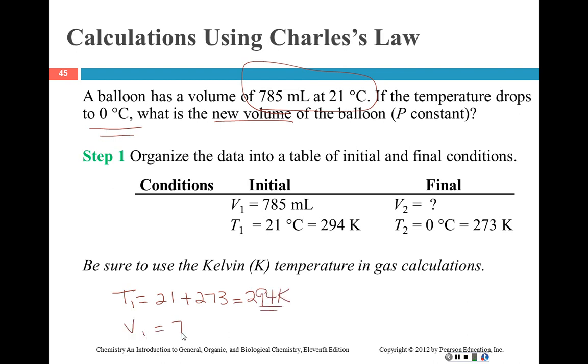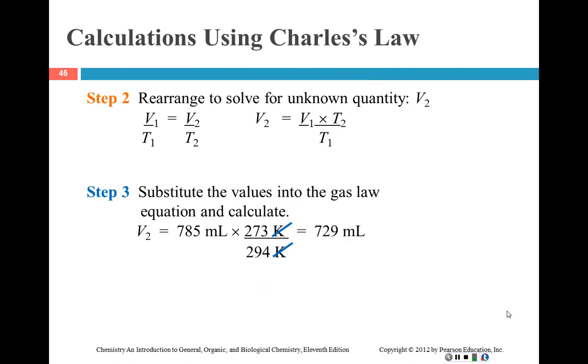V1 was 785 milliliters. We are finding V2, and the new temperature is 0 degrees C, so plus 273 equals 273 Kelvin. You rearrange to solve for V2, and then you plug in your numbers, making sure that the K's are canceling so you're left with the right units, which in this case is milliliters.